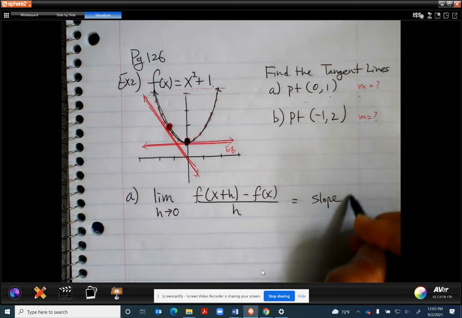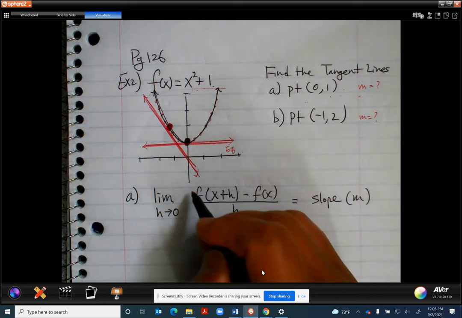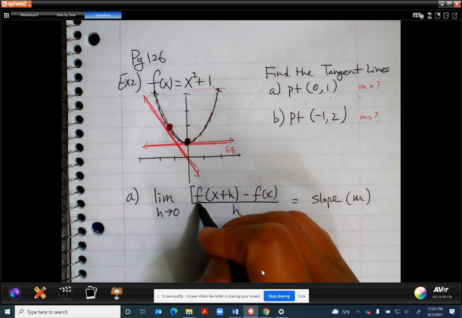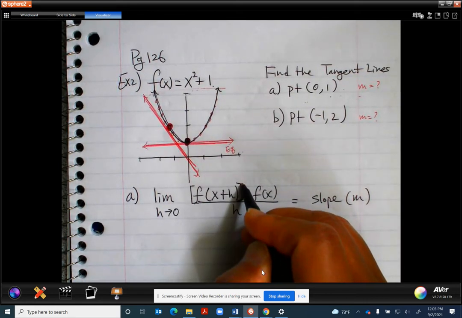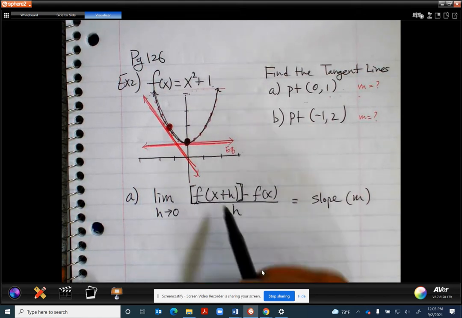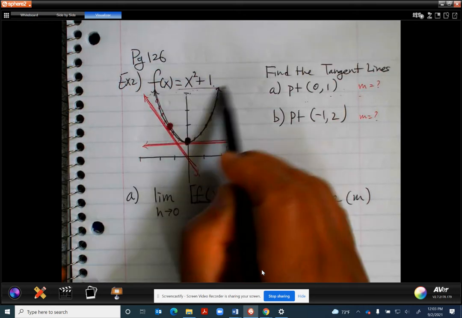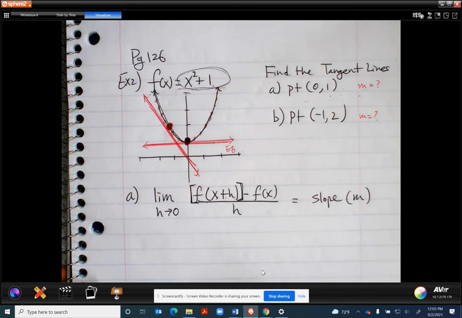We need to find the slope, m. We're trying to find m with this formula. Alright, so stay with me. Don't copy it. I need to come up with this first part. I'm going to use a bracket around this. Alright, so don't copy yet. Can someone tell me what f of x plus h is equal to when you have this function? Anybody have an idea?